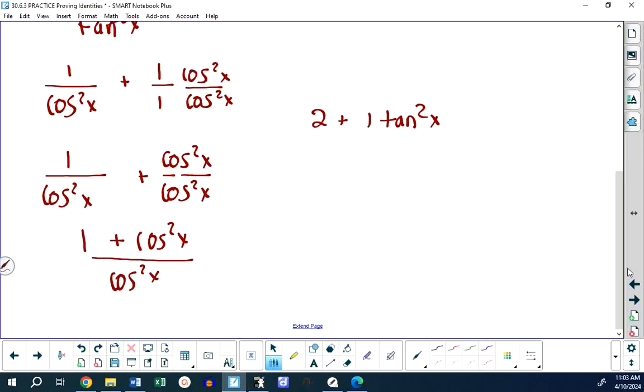Well, there's nothing really you can do with this. We're back to what I mentioned at the beginning of the class. Sometimes what you do is the only thing you can do. And that's to write everything in terms of sines and cosines. So we have 2 over 1 plus sine squared of x over cos squared of x.